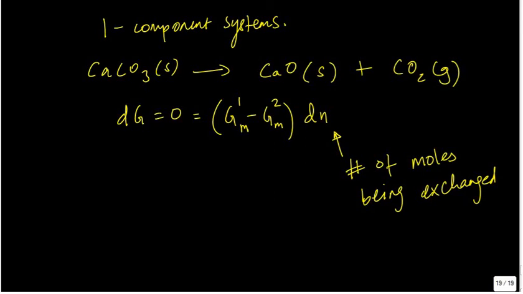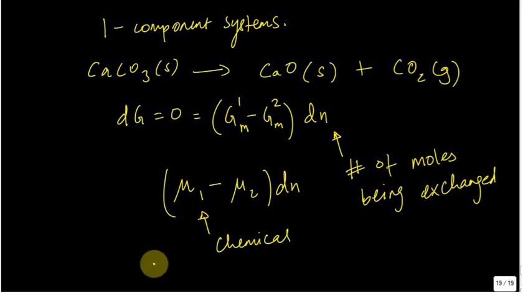Okay. Now, this molar Gibbs free energy has a particular name called the chemical potential. So I'll write mu1 minus mu2 times dn, where mu is the chemical potential.